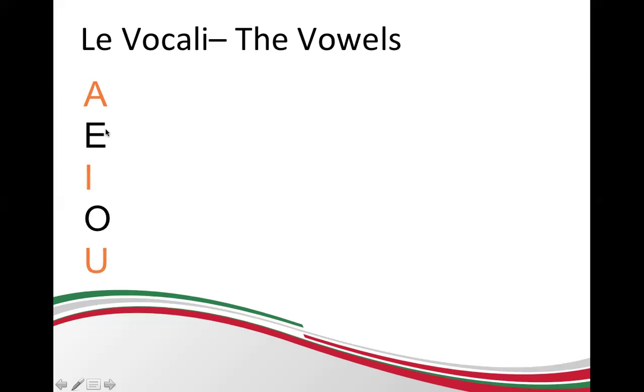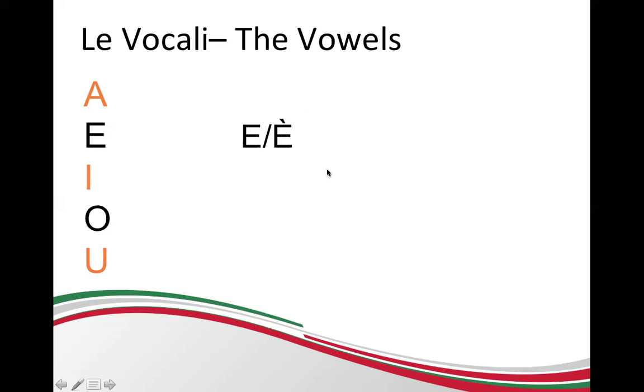But we also have this pesky E and O, and they each have two slightly varying pronunciations that we'll go into. So we have E, E. Over on the left, E, and over on the right, E. The accented one, with the accent going down, if you see the accent going up, it's not the same, but you don't see that much.